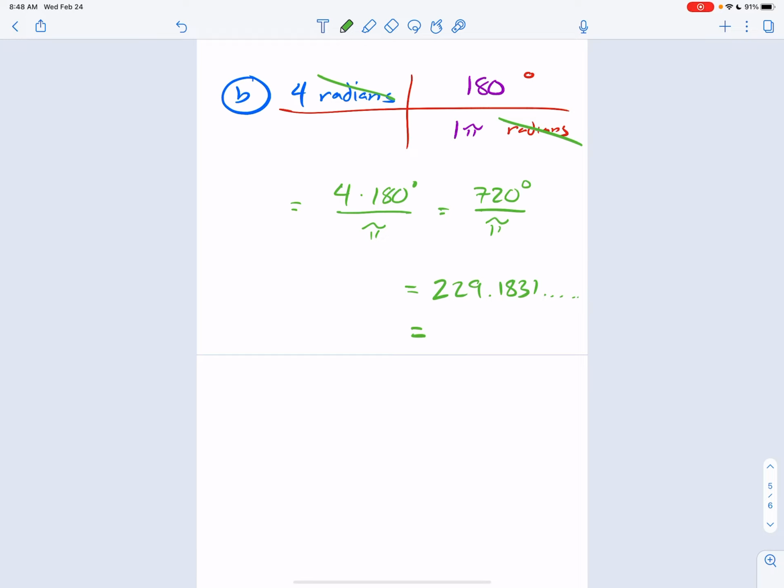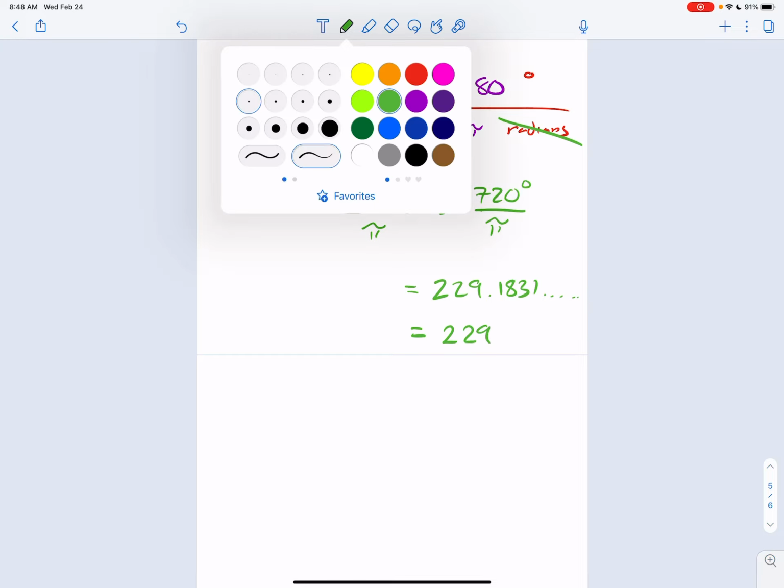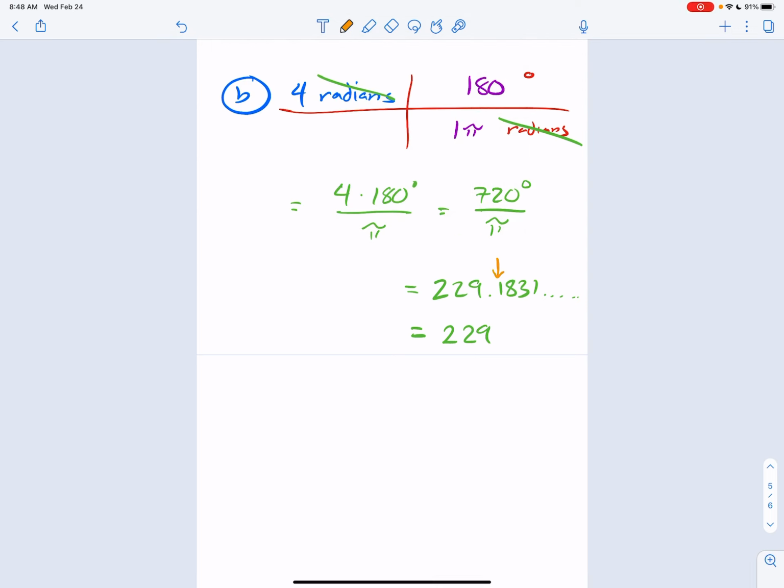So if I round that to the nearest tenth, again, the 10th place is right here. So I look at the digit after. Since it's 5 or larger, that 1 will bump up to a 2. And that's 229.2 degrees. Okay?